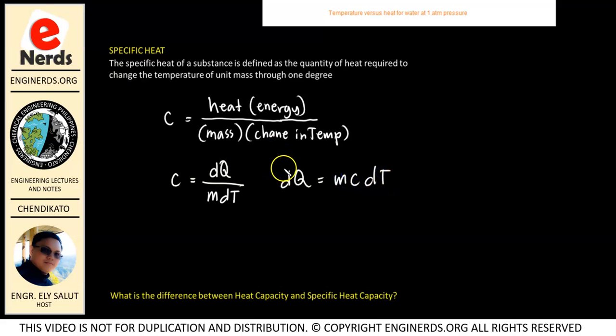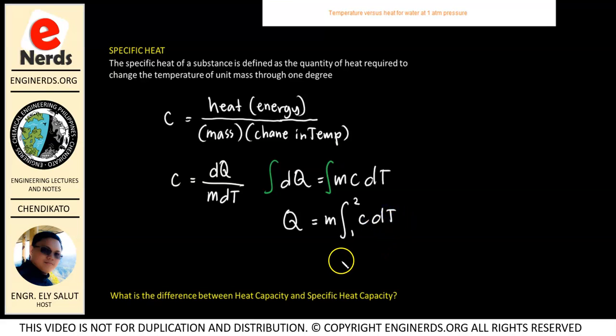And solving for this differential equation, we are going to take the integral of both of our terms. And then, if we are talking about a particular mass m, so our mass will be constant. So, we will have Q is equal to mass from state 1 to state 2 times C dT.